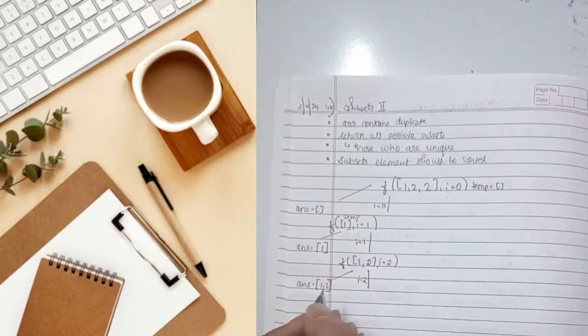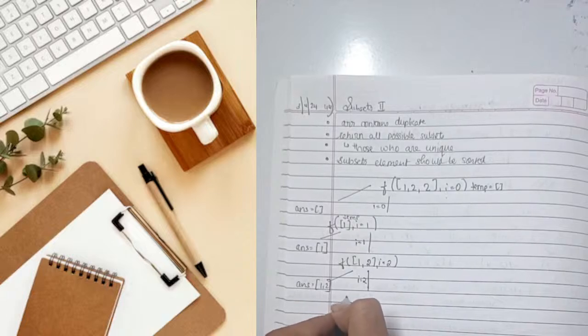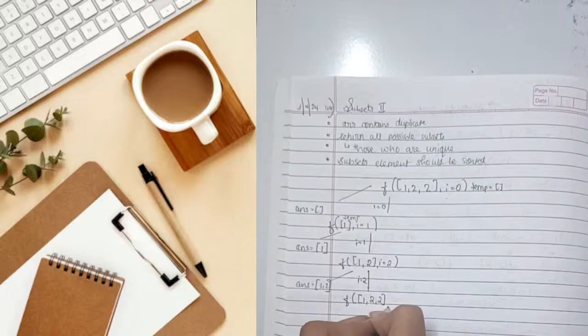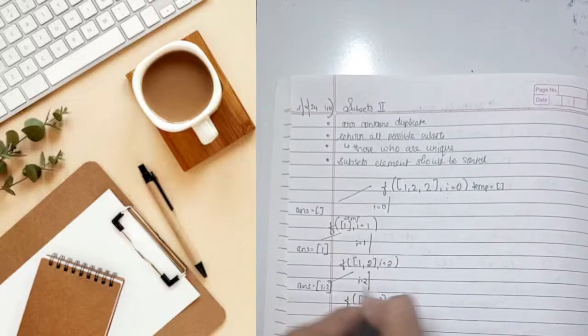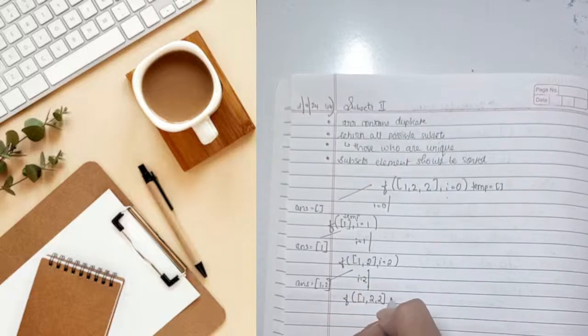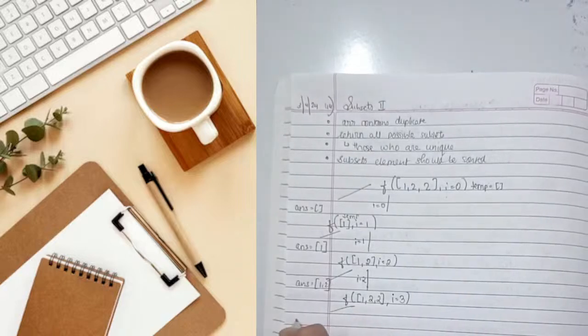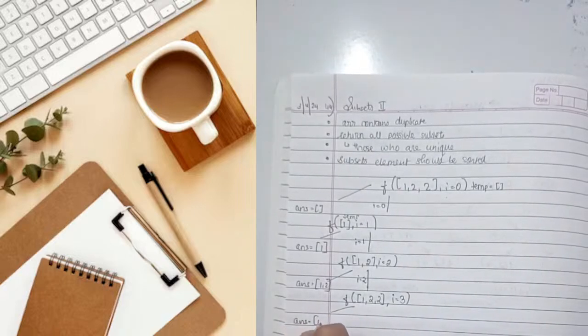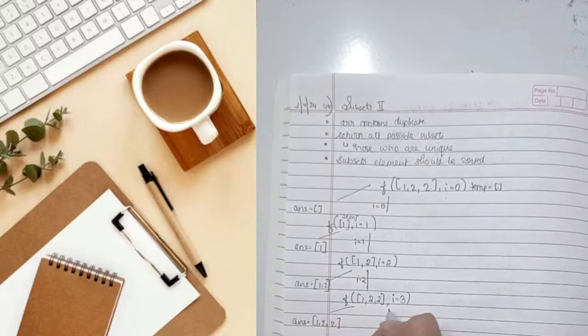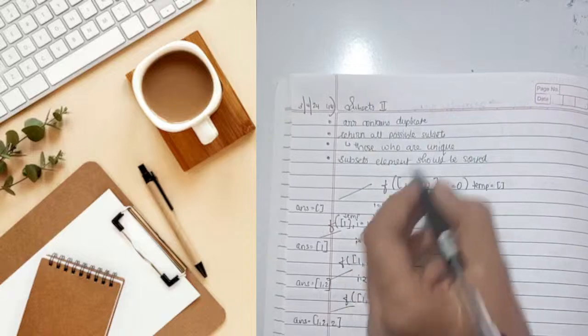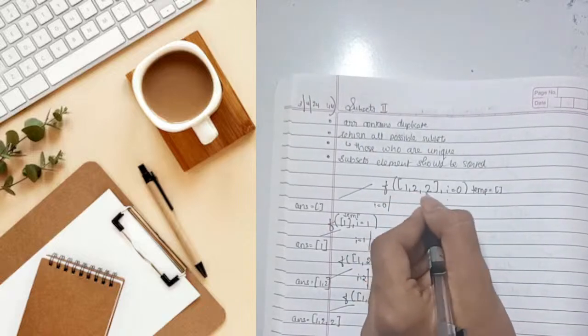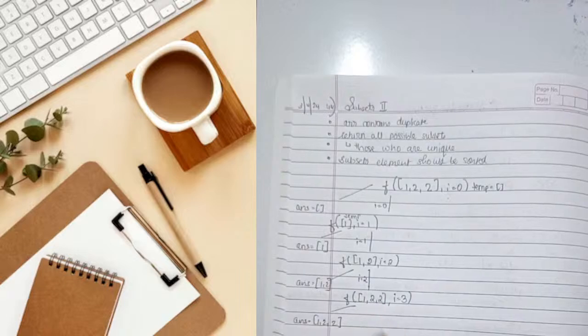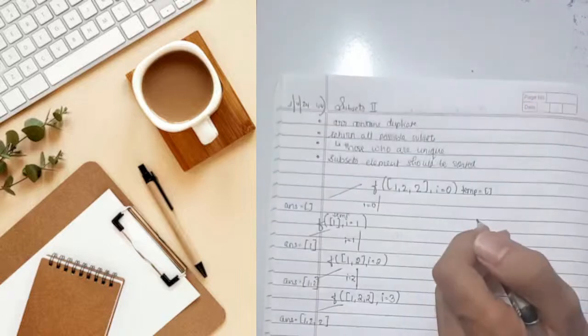Since i equals 2, our function would look like 1, 2, 2. We are adding the 2 into our temporary, which was previously 1, 2. So our current index becomes 3, and the answer becomes 1, 2, 2. But since i equals 3 and the length of our input is 3, we cannot move ahead. So this is till here.